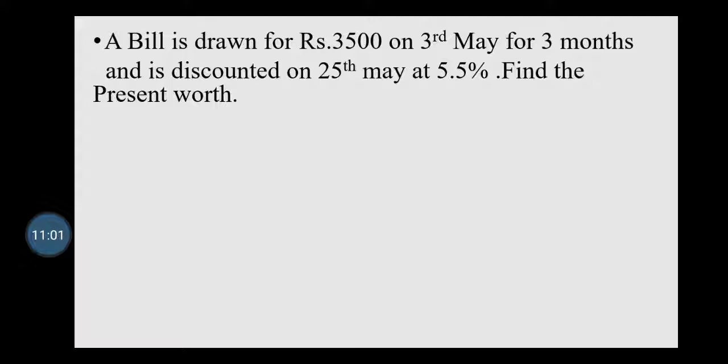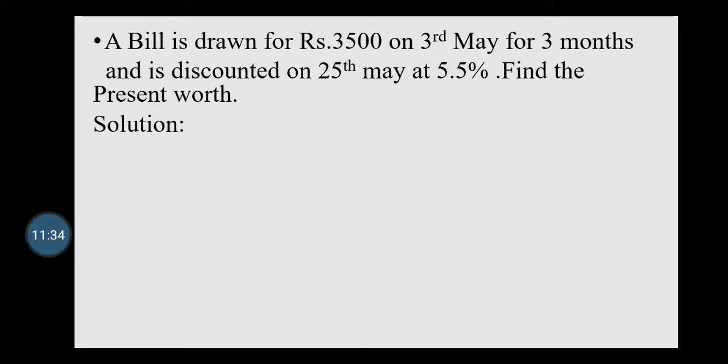This is the face value on 3rd May. 3rd May is the drawing date of the bill. And this bill was for 3 months. But it is discounted on 25th May at 5.5%. So we have to find the present worth for this bill.